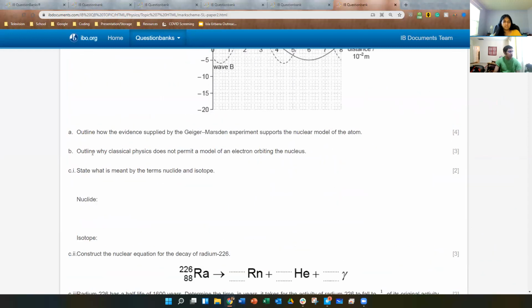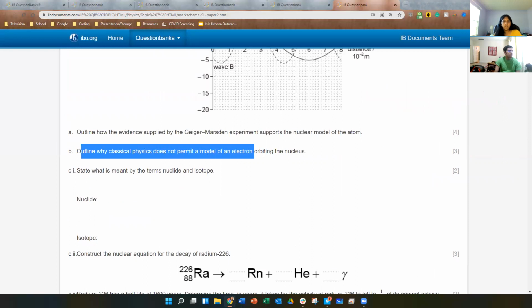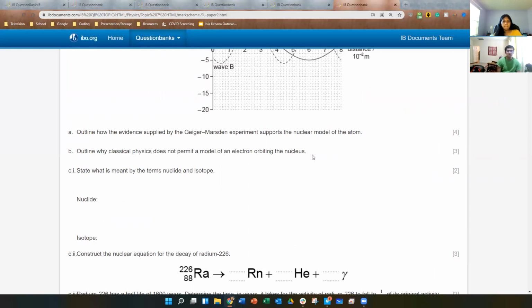Outline why classical physics does not permit a model of an electron orbiting the nucleus. Oh, because this is Maxwell, right? Yes. Because in classical mechanics, in Maxwell's theory, electrons orbiting the nucleus are accelerating, right?